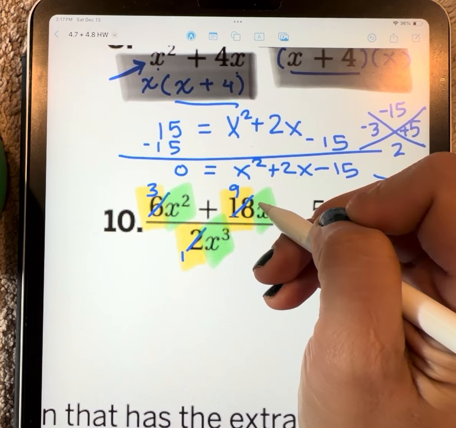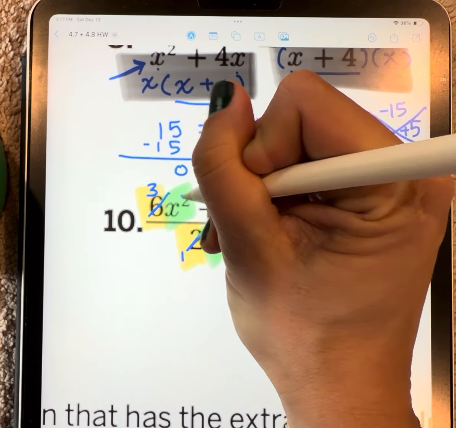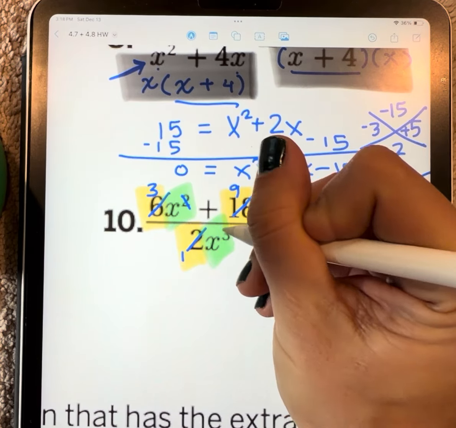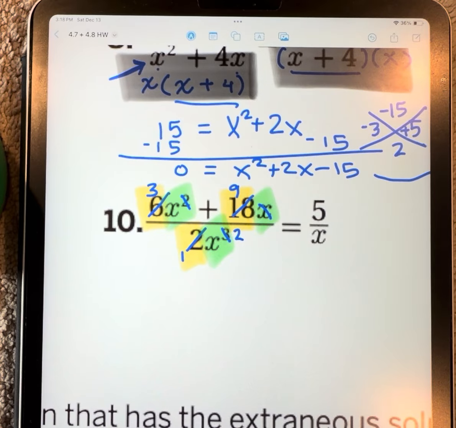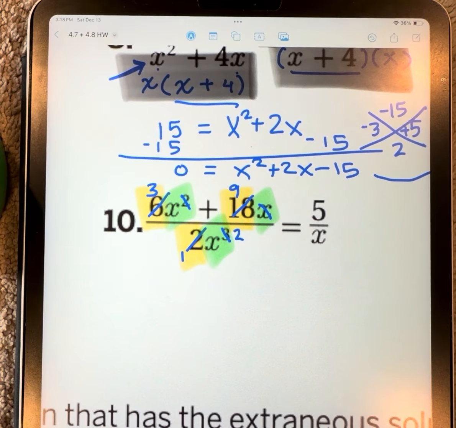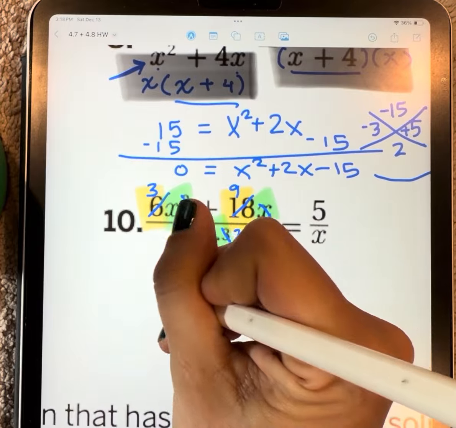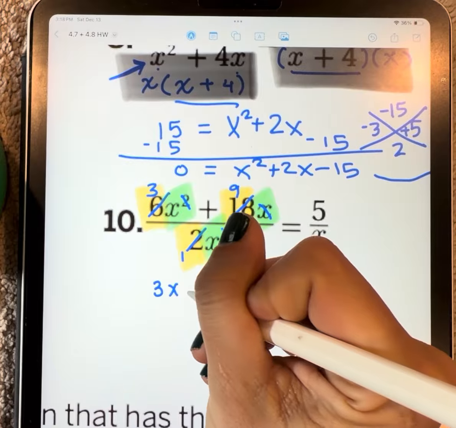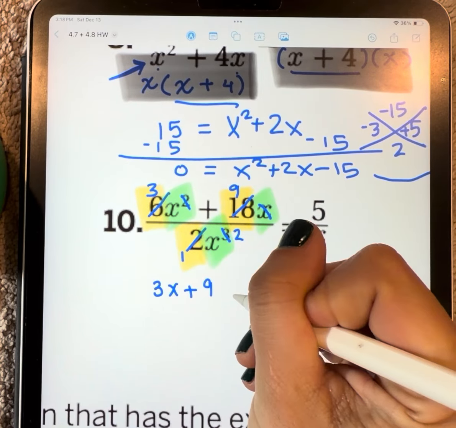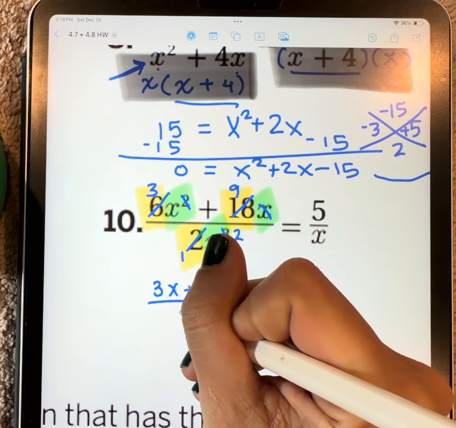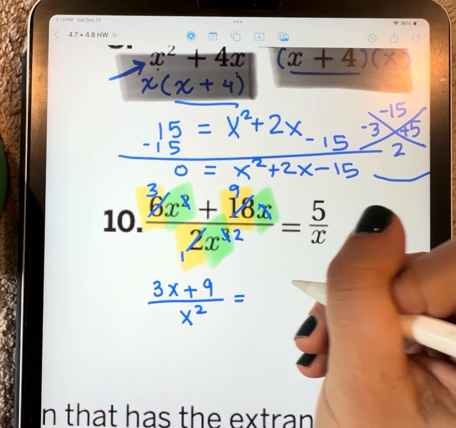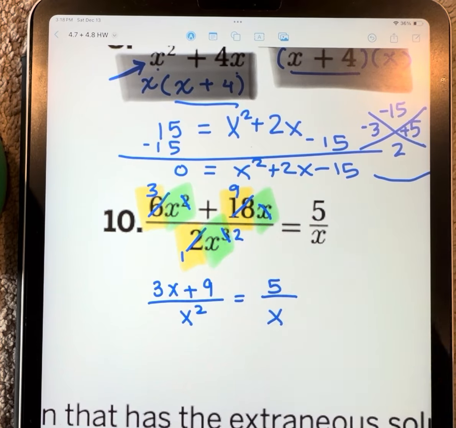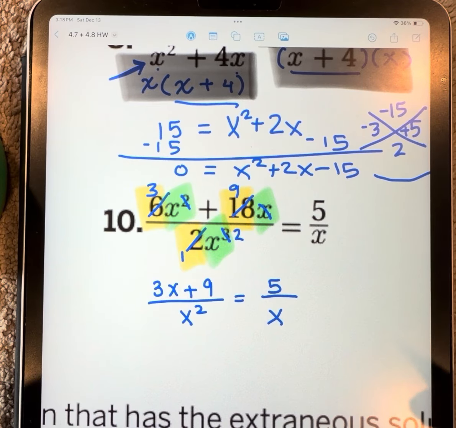So let's cancel away an x here and take one of these x's away and take one of these x's away. Okay? And now we can rewrite this as 3x plus 9 divided by x squared equals 5 over x. No harm, no foul here.